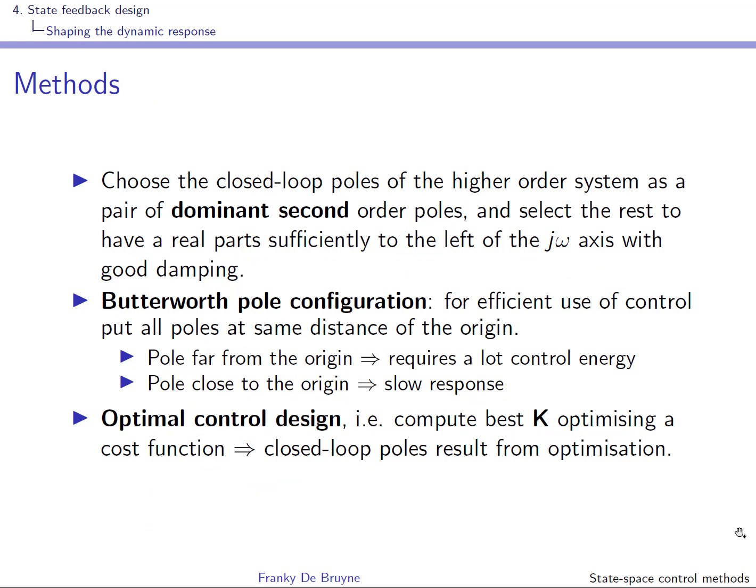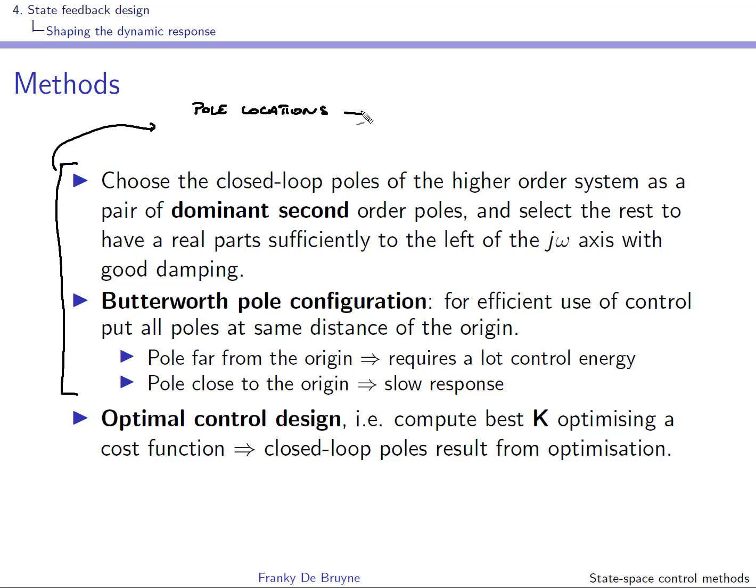So we will see three methods for shaping the closed loop dynamic response. The first two methods are such that you first assign closed loop pole locations, right?